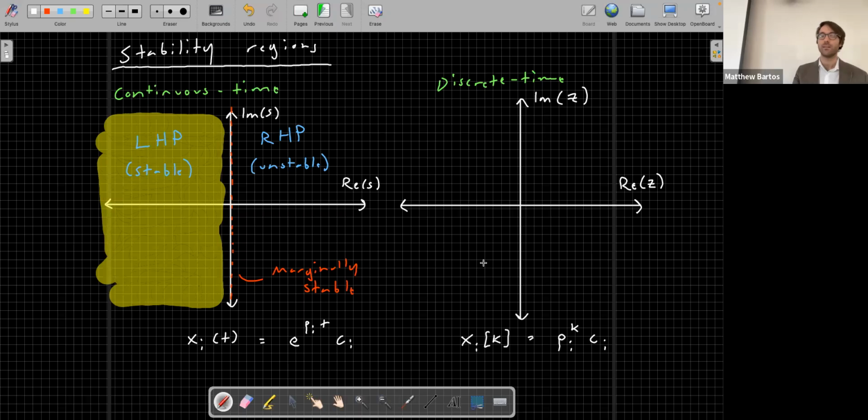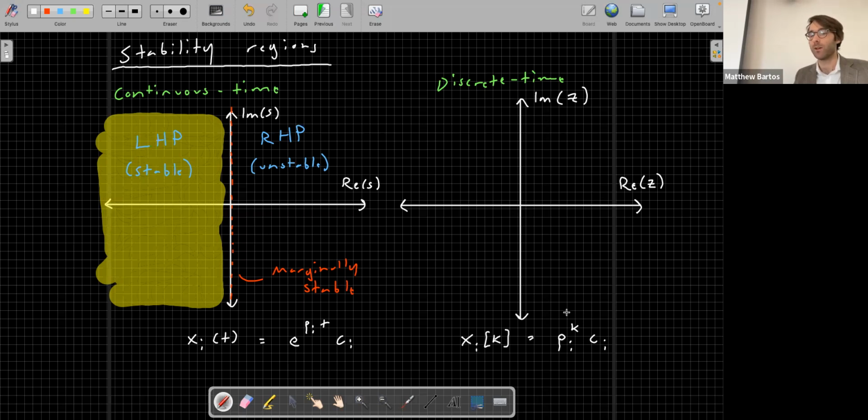Okay, so in the continuous time case, remember that if we're finding the homogeneous response, for instance, it's of the form e to the p_i t. For the discrete time case, instead of the exponential function, we exponentiate the pole. So for the discrete time case, what region of this plane is stable?